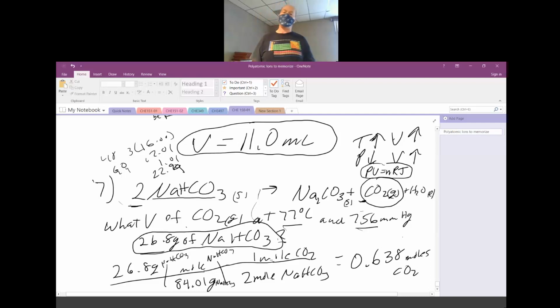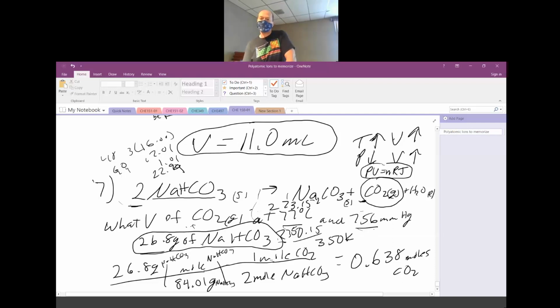And now we have a temperature, which you immediately add 273.15 to, and that gives you 350.15, so that is 350 Kelvin, no decimals. And then we're using PV is equal to nRT.